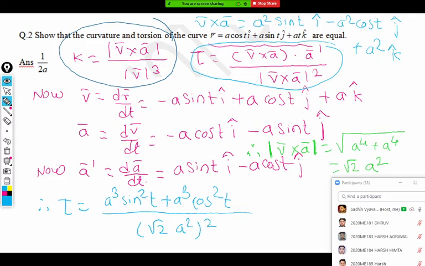You'll observe again that a cube will come common, and sin square plus cos square is 1, and we get here 2a raised to 4, and we get the required answer as 1 upon 2a, and that's the end of the question. So we got 1 upon 2a as the answer.